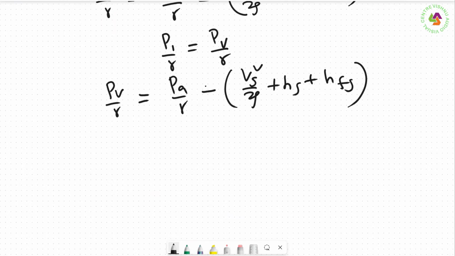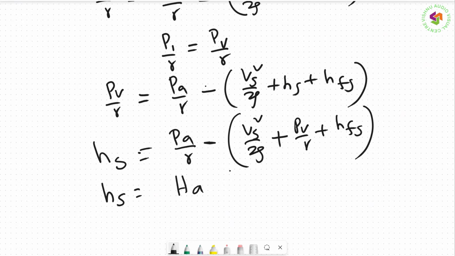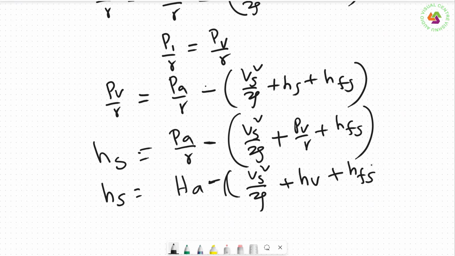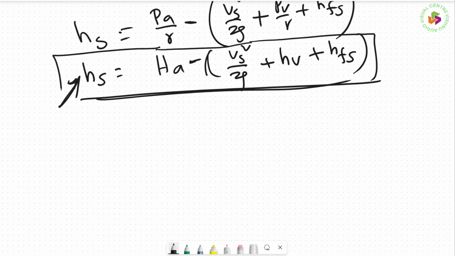The condition for maximum suction lift is P1 by gamma equal to Pv by gamma. Therefore Hs is equal to Pa by gamma minus Vs squared by 2g minus Pv by gamma minus Hfs. In terms of heads, this is the atmospheric pressure head minus Vs squared by 2g minus the vapor pressure head minus Hfs. Your Hs always should be less than the value obtained through this equation. So this is completed. Next we go into our next topic.